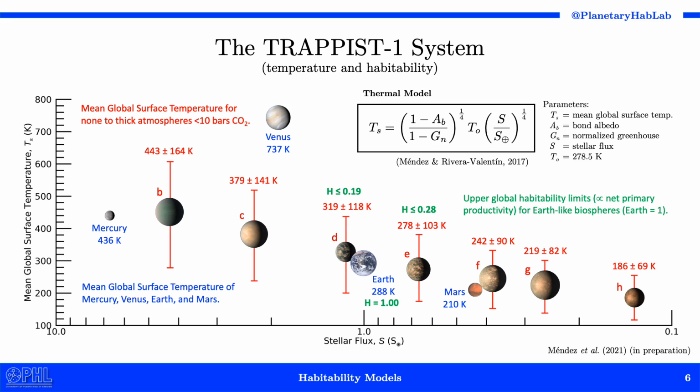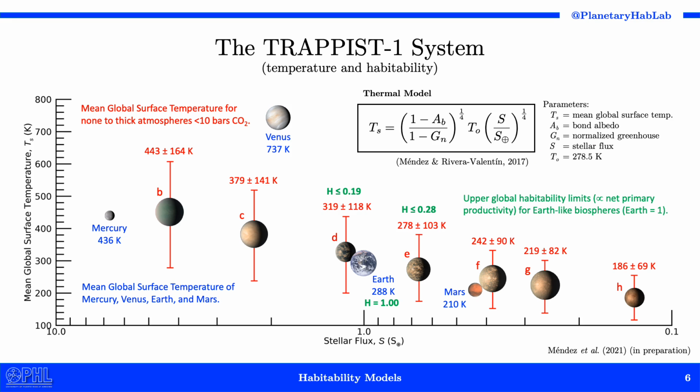Here in red, we constrain the surface temperature of the seven planets in the TRAPPIST-1 system, assuming albedos and greenhouse effects for none to thick atmospheres, less than 10 bars of CO2. We're using a surface temperature model that we proposed in our 2017 paper about equilibrium temperatures.